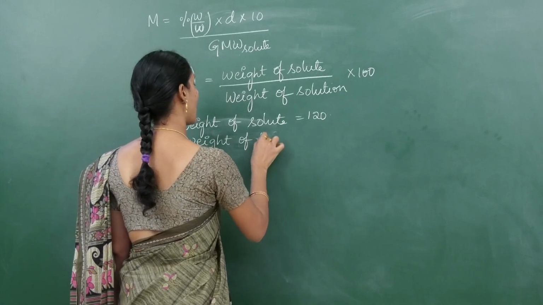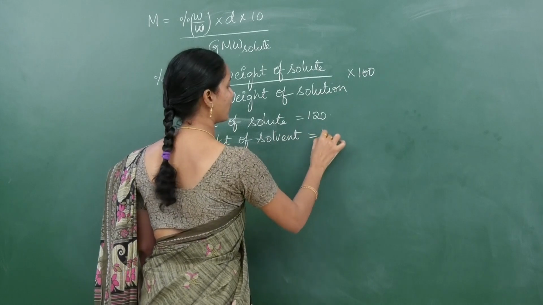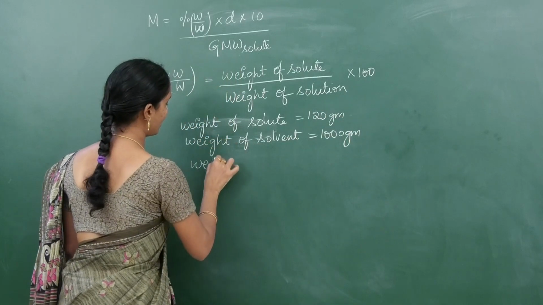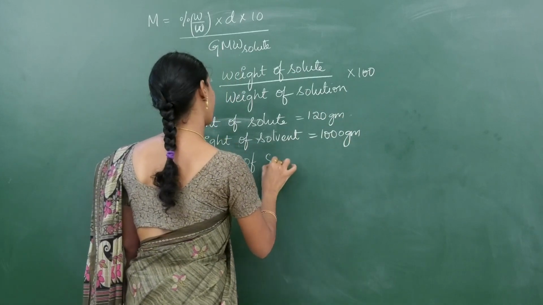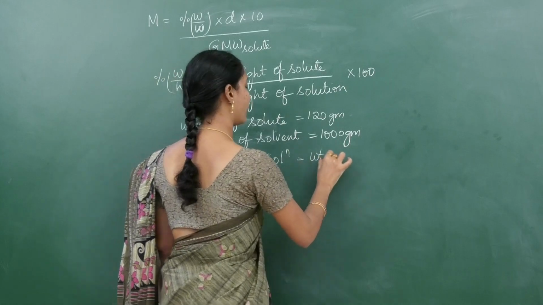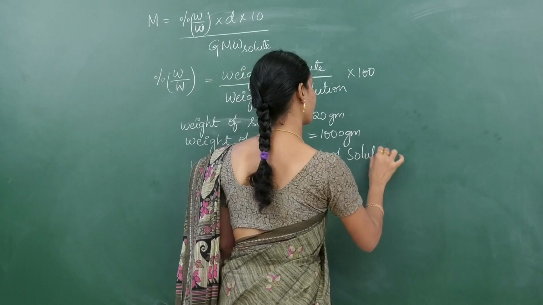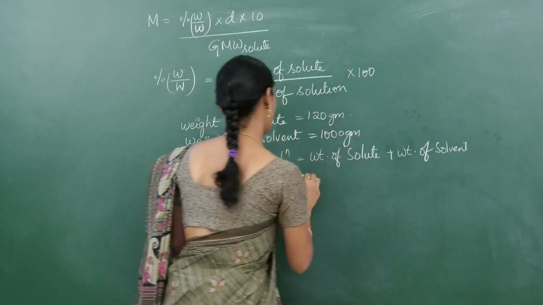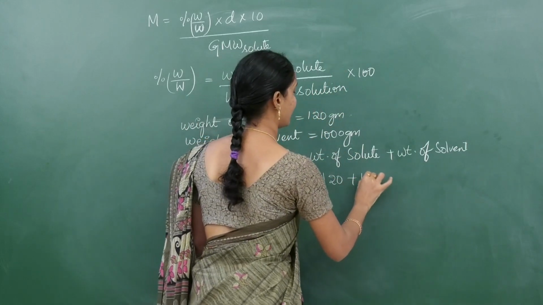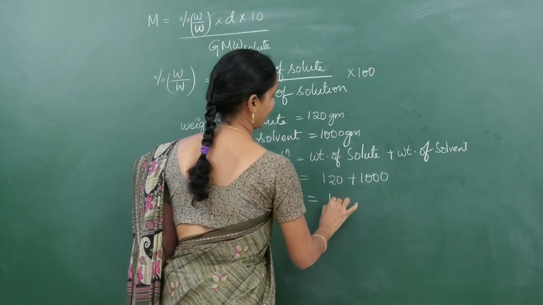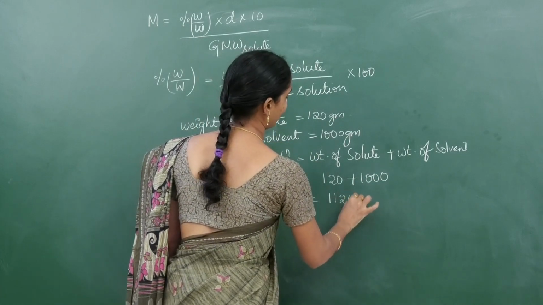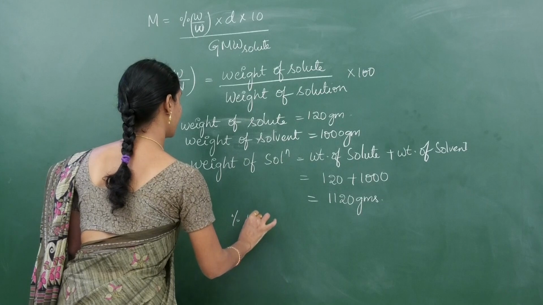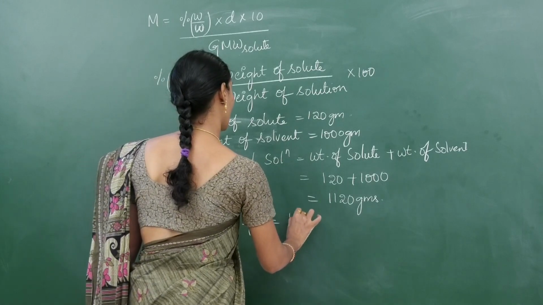Weight of solvent is equal to 1000 grams. So weight of solution is equal to weight of solute plus weight of solvent, 120 plus 1000, so it is 1120 grams.